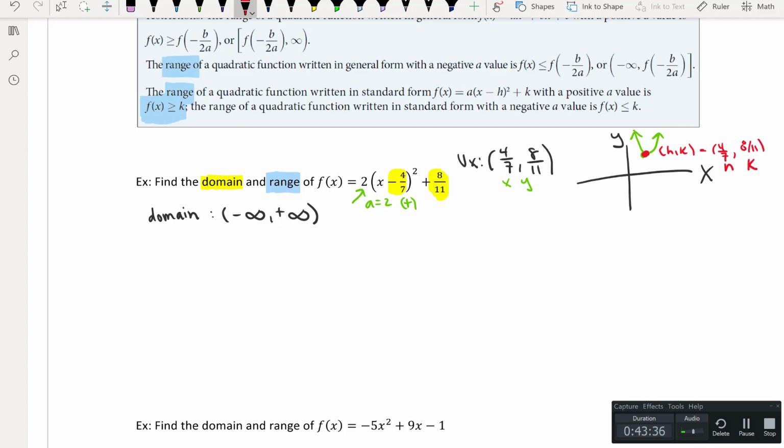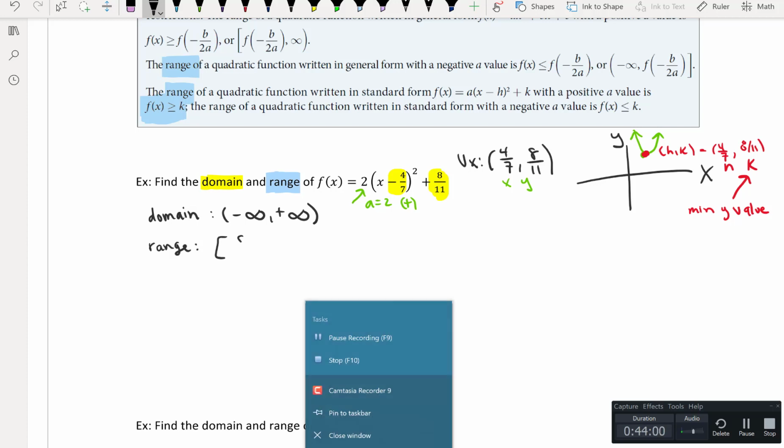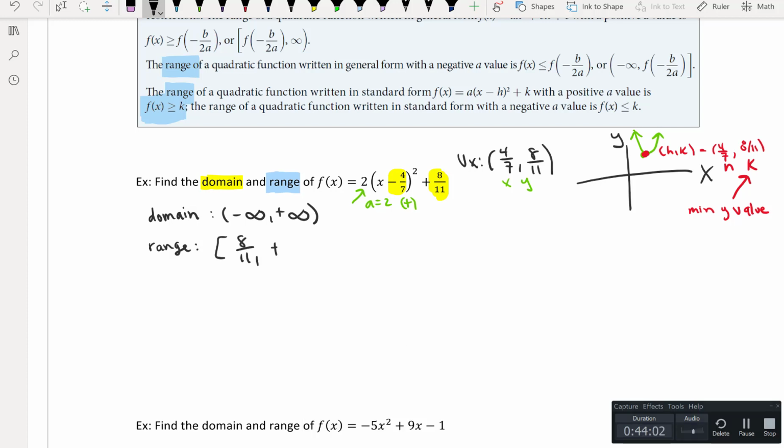That k value is going to be the minimum y value. So when I rewrite my range, from minimum to maximum, that minimum y value is 8/11 all the way up to positive infinity. Okay? All right. I hope that's helping.